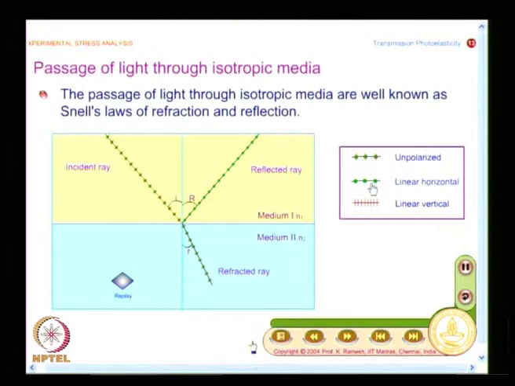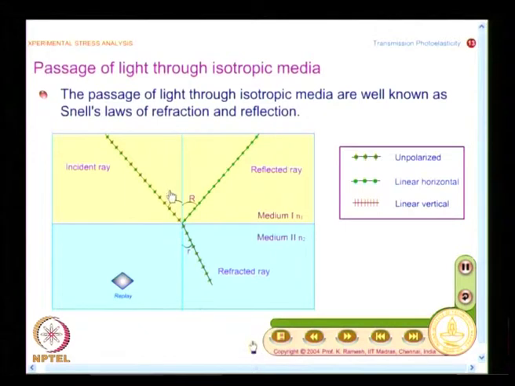Suppose you have only dots, it is understood as linear polarization in the horizontal direction, and if you have only vertical lines, it is linear polarization in the vertical direction. And what you see here, I send an unpolarized beam of light and this comes out as unpolarized beam of light. It also gets reflected as unpolarized beam of light.